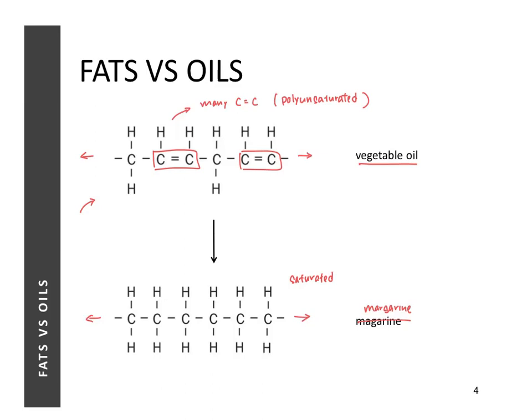If you take a look at the before and after, you will notice that the difference is that the carbon-carbon double bonds are converted into single bonds. How do we do that? We need to add hydrogen. So essentially, to convert vegetable oil to margarine, we need to subject vegetable oil to hydrogenation.